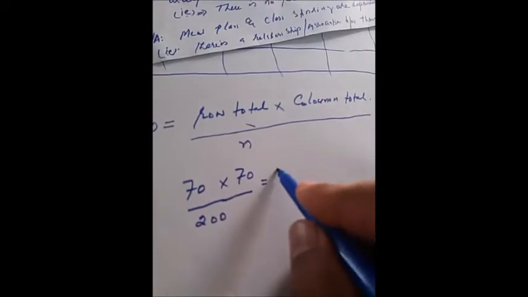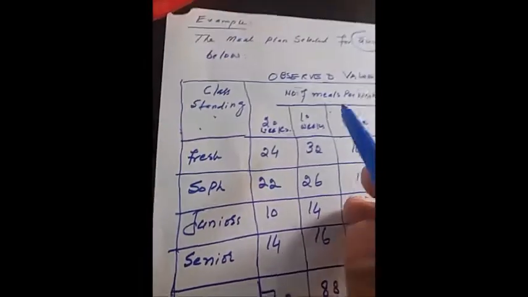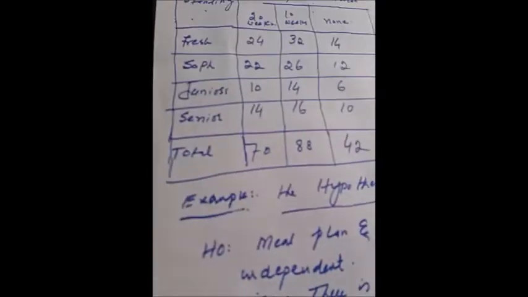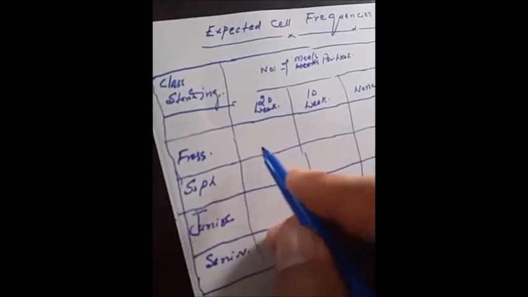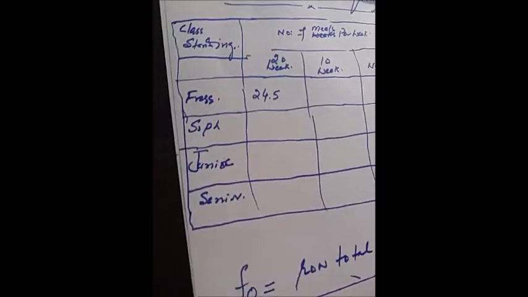The freshmen for 20 weeks is 22 in observed values, whereas the expected cell frequency for 20 weeks is 24.5.